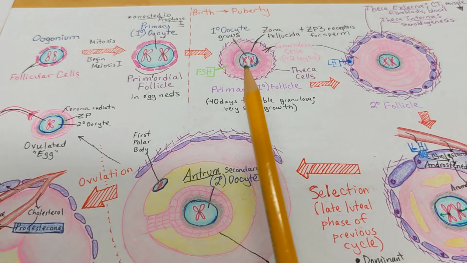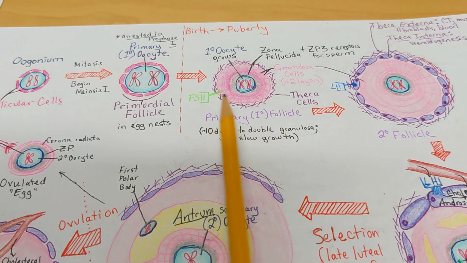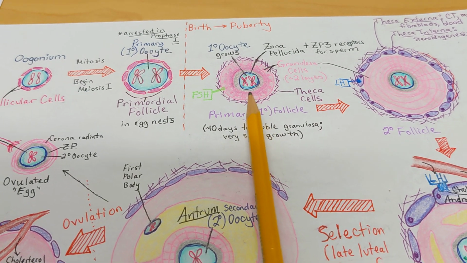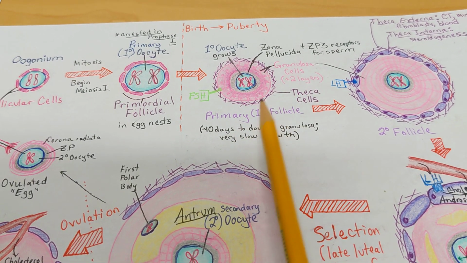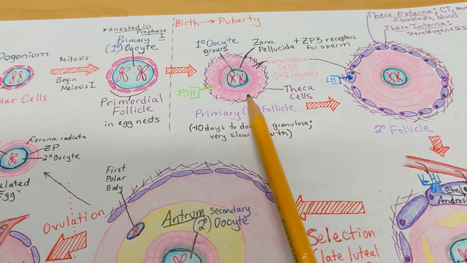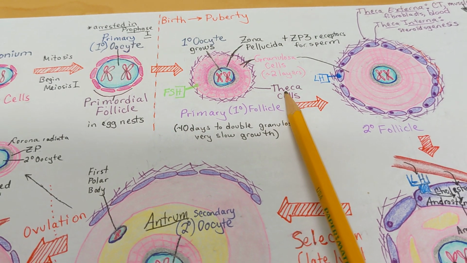Now, during this development, FSH is stimulating more and more follicular cells to develop. And so as this gets bigger, you're getting more and more follicular cells. Ultimately, these follicular cells are going to differentiate into granulosa cells as well as theca cells.